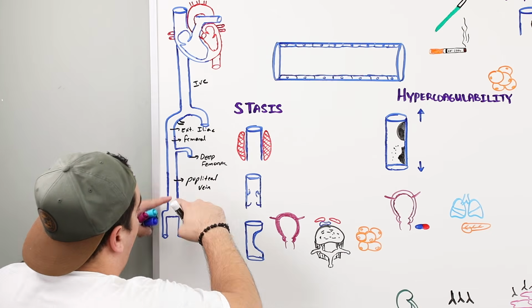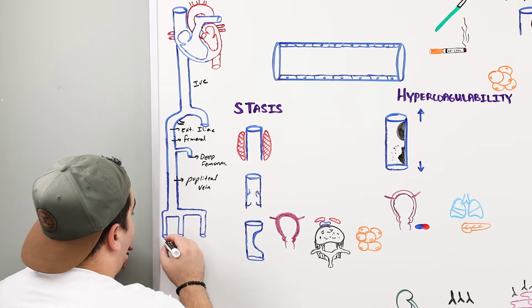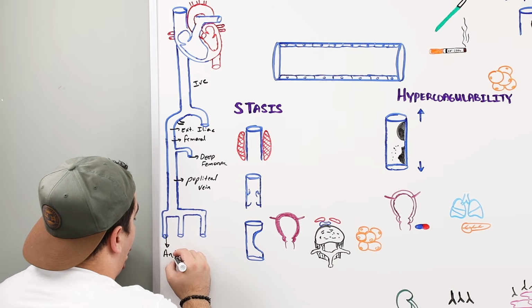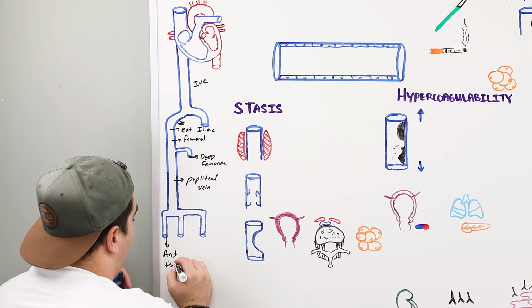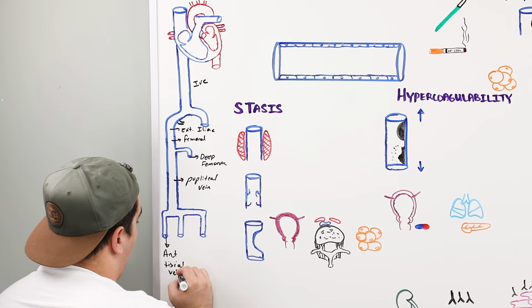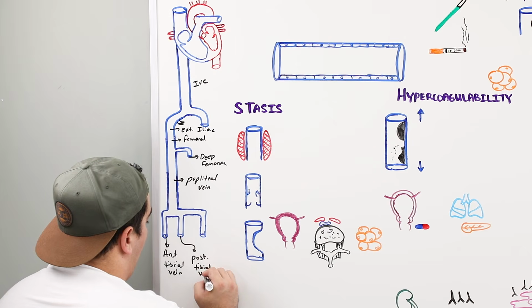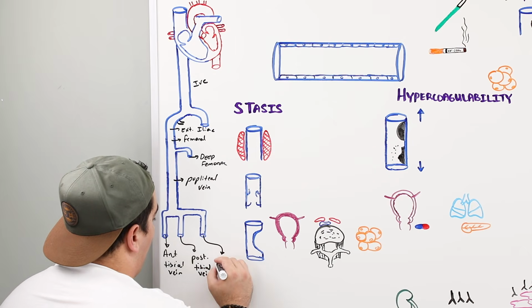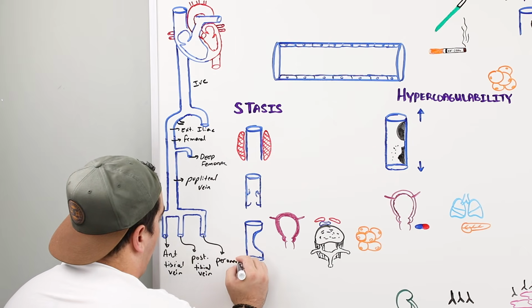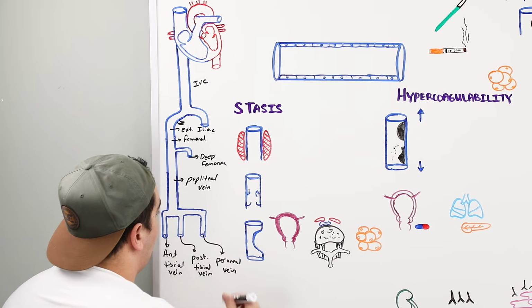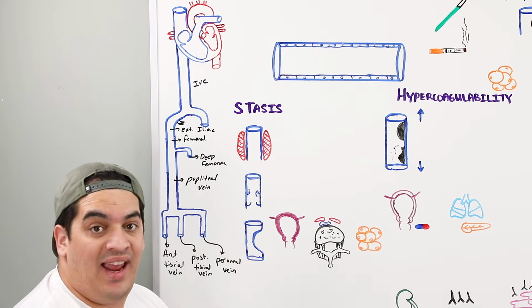And then the popliteal vein will usually bifurcate and give way to what's called the anterior tibial vein. It'll give way to what's called the posterior tibial vein, and give way to what's called the peroneal or fibular vein. Okay, now these are deep veins.